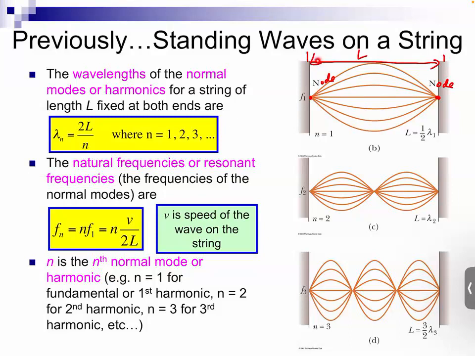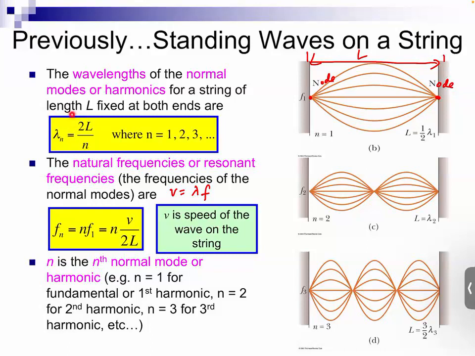Notice that in the length of the string, you can fit half a wavelength. Therefore, the first harmonic is related to the length of the string being equal to half the wavelength. And from there, you can find the frequency from the definition of speed. This equation came from v equals lambda f.